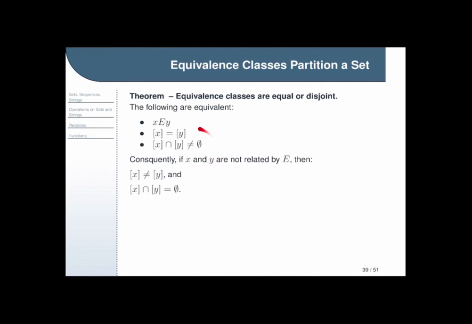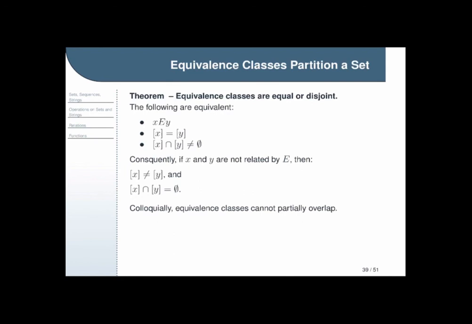This is a negation of the first statement. This is a negation of the second statement. So nothing really major new is being established here. We're just restating this. A colloquial way of thinking of this is that there's no partial overlapping of equivalence classes. You're either all in or you're nothing in at all. There's nothing that overlaps at all.